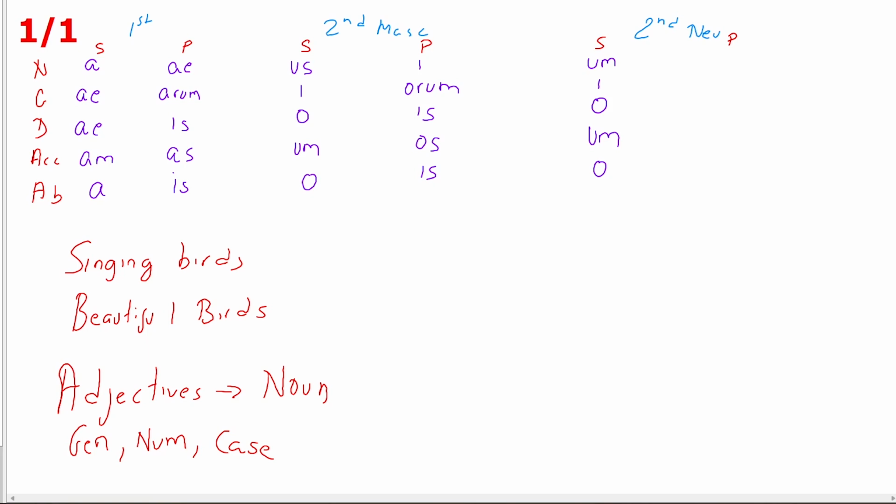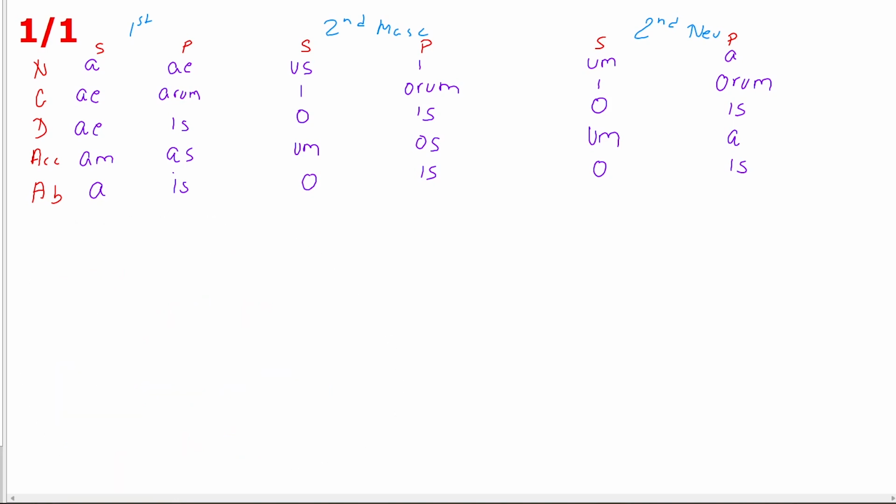Then nominative plural a, genitive plural orum, dative plural is, accusative plural a and ablative plural is. Now this chart of all these three will be very useful when we are doing the adjectives.